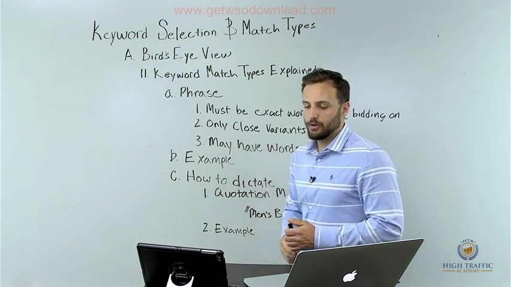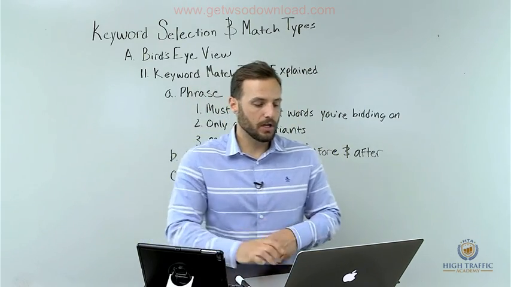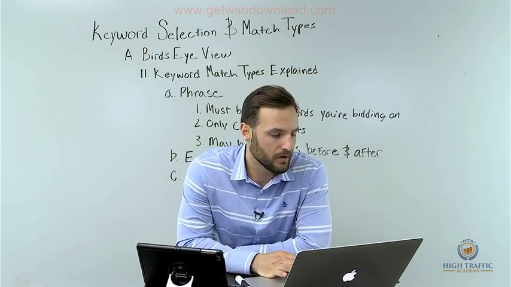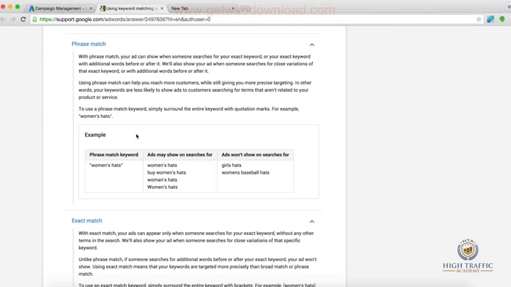I'm going to take you back to Google's site here so you can get a visual of a couple of examples that they deliver specifically. Running with the women's hats example, similar to what they used in the exact match example, if the phrase match keyword is women's hats, your ads may be shown on searches for women's hats, buy women's hats, woman's hats, and women's hats with a capital W. Your ads will not be shown for girls' hats or women's baseball hats.